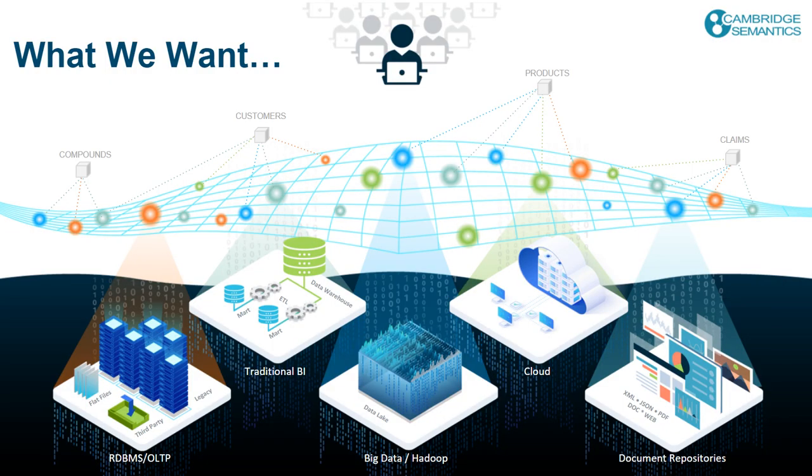So this depicts what we want. Starting from the bottom, we want to take all of these different data systems, repositories, files, services, etc., and get rid of all the different formats, structures, and syntaxes, and integrate that in a way that brings together information based on the meaning of that data.